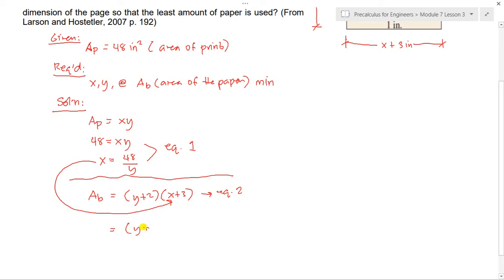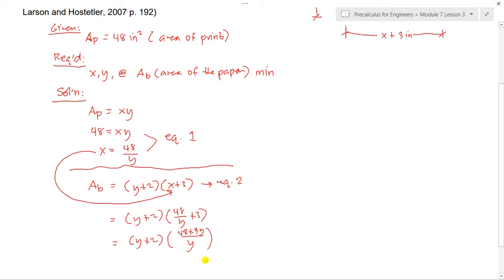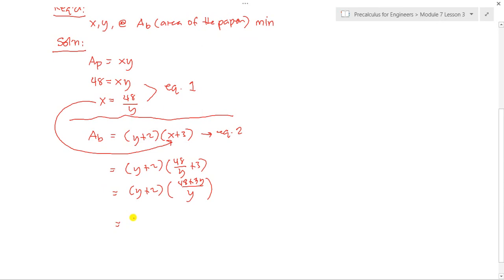So we now have y plus 2 multiplied by 48 all over y plus 3. Then pwede po tayo ato na i-combine. So we have y, then this is 48 plus 3y. So combining, we now have y plus 2 multiplied by 48 plus 3y all over y.